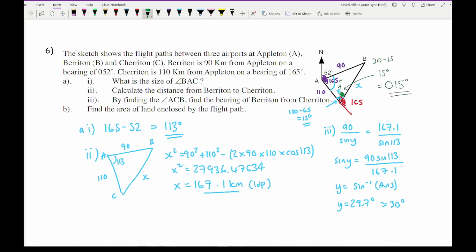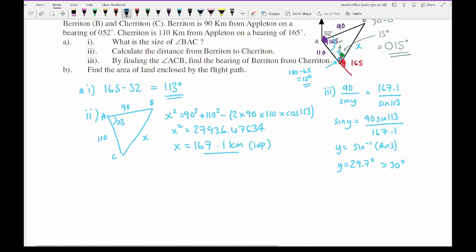So then moving on to question B, let me just scroll down to give me a bit of space. The question is asking me to work out the area of the land enclosed by the flight path. So for B, if I take this diagram here, let's just redraw that triangle. This is 113, this is 90, that's 110, this is whatever.